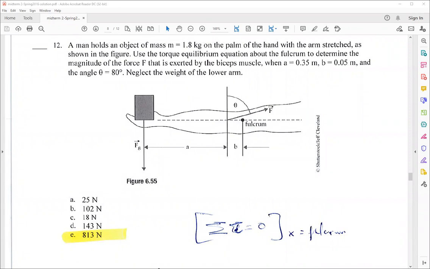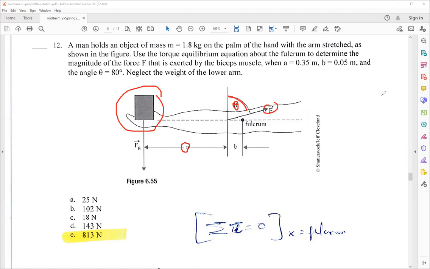Now, question 12, similar to the question we had in midterm 2017. Same force coming from the forearm muscle here, and the angle theta is provided with the vertical, and the distances are provided relative to the elbow. So the elbow is the fulcrum in this case. I have a load that is at a certain distance, A, relative to the force we're applying in the forearm.